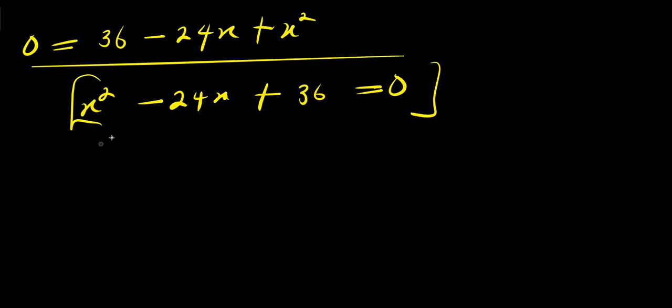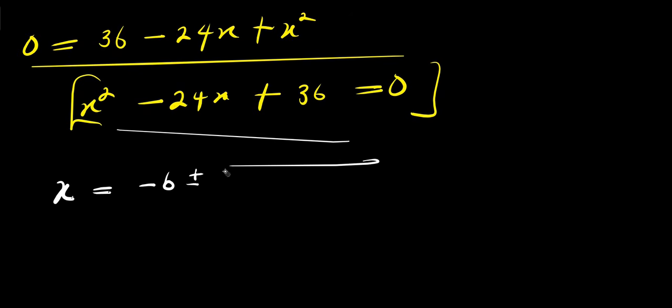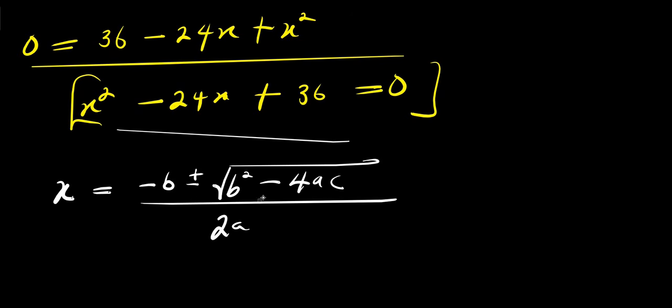So to solve this quadratic equation, we make use of the formula method. x equals negative b plus or minus square root of b squared minus 4ac, divided by 2a. So we have 1 here, which is the coefficient of x squared. That is our a. This is our b, and c is 36.